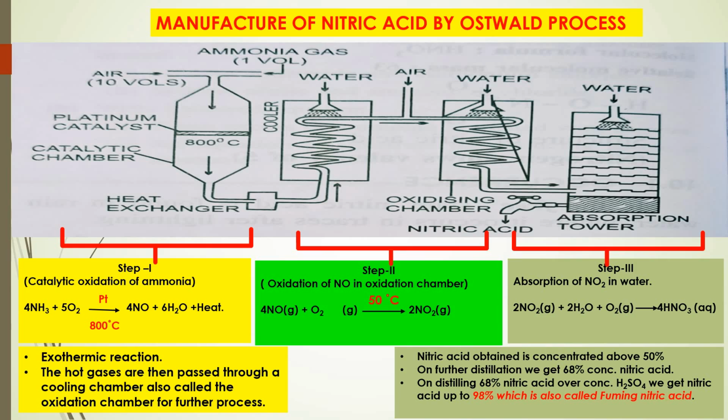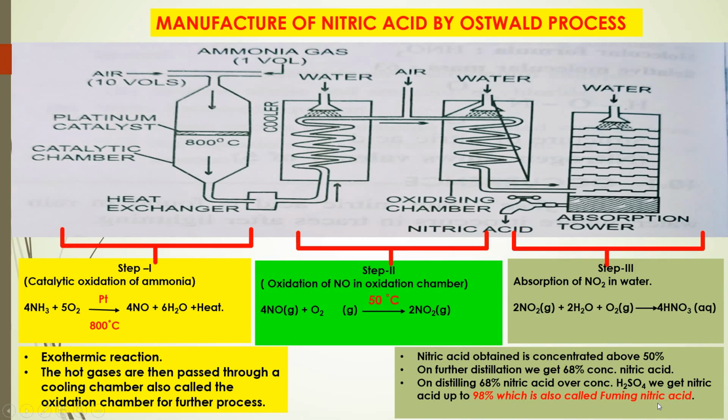In step 2, the nitric oxide produced is further oxidized by using oxygen at around 50 degrees Celsius to nitrogen dioxide gas. The nitrogen dioxide gas, along with the presence of oxygen and the addition of water in the absorption tower, is then finally converted into nitric acid.